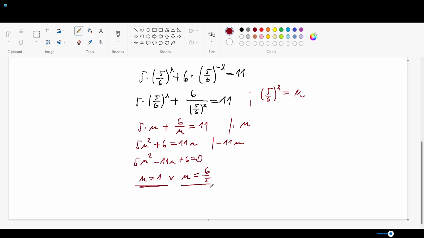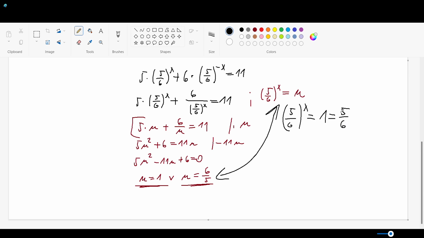Okay? Which means we have the solution of our quadratic equation after the substitution, and based on the information from the previous video, you can very easily now solve the equation, because you know that (5 over 6) to the power of x must be equal to 1. Now the question is, where is hidden 5 over 6 in this, so that we can see any exponential behind.